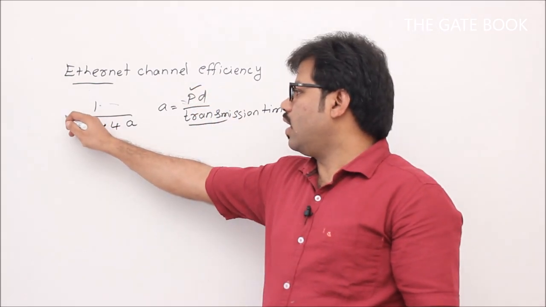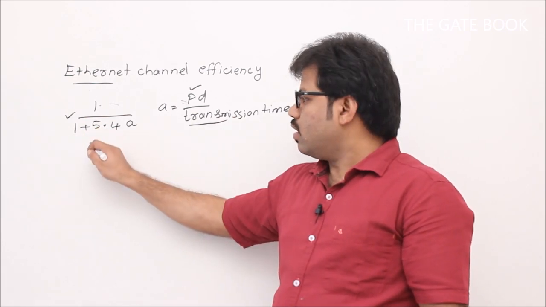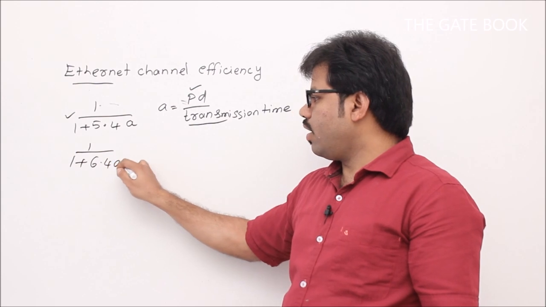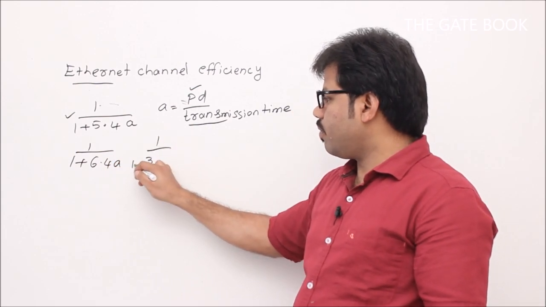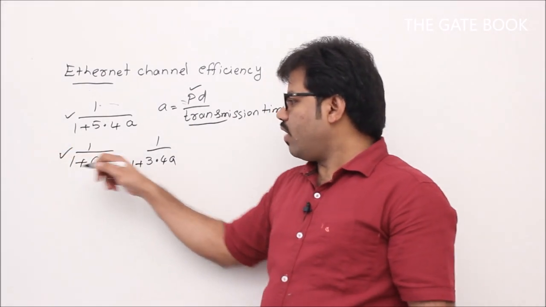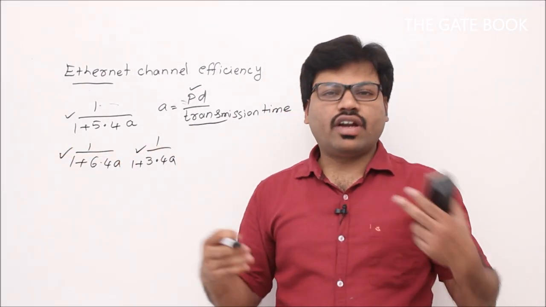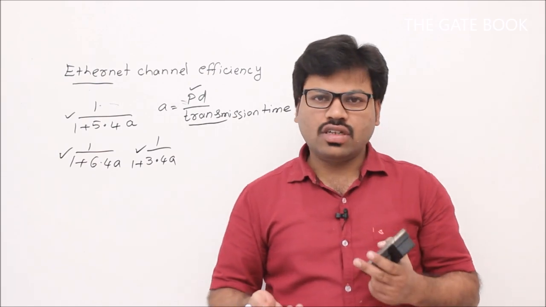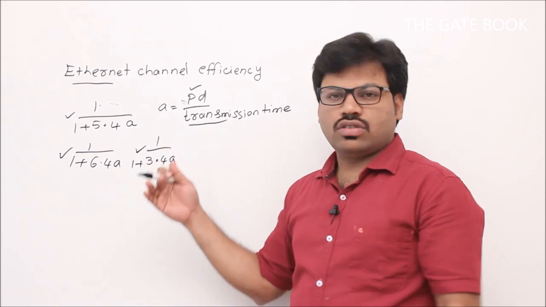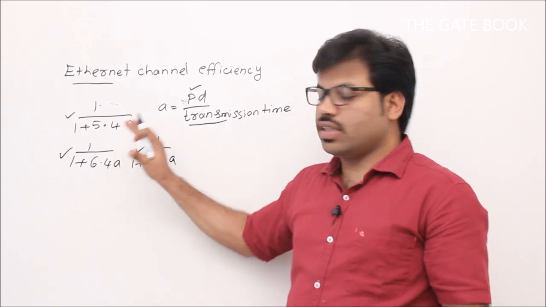Now this is the channel efficiency, but there are some other formulas also: 1 plus 6.4a, 1 plus 3.4a, in that way. Every formula is derived in a different way. Different authors derived them with different assumptions. So it's a controversial thing. Which one do we have to use? We can't decide, so don't try to decide that.